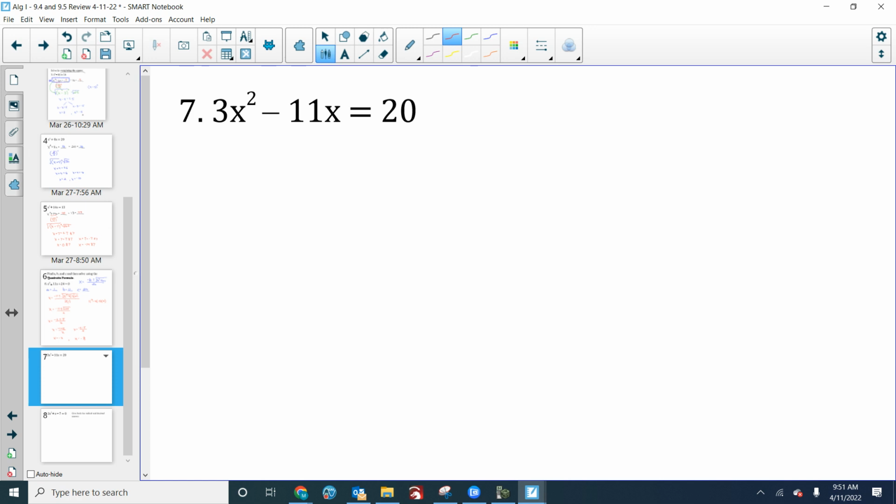Quadratic formula? Yeah, for sure. A is what for this one? 3. B is negative 11. C is negative 20. What did you notice on this one? You had to bring it over, let 20 come over.